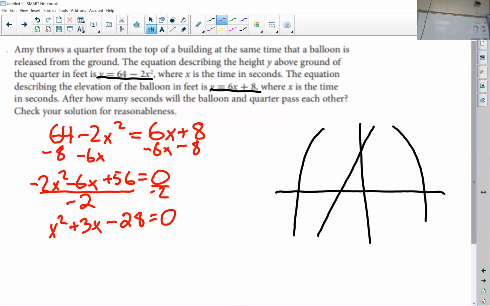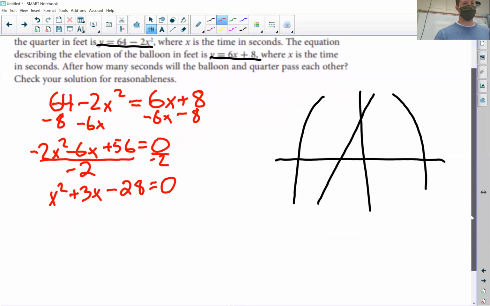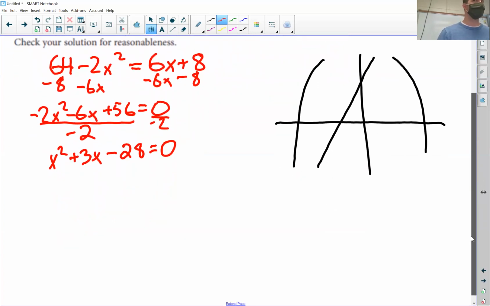Now remember, if you're really good at factoring, there's nothing stopping you from factoring right here. But because I know imaginary numbers are a thing and I need to look out for them, I'm going to use the quadratic formula every time because it's never wrong.